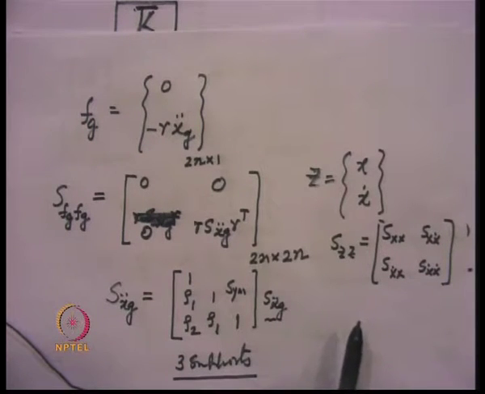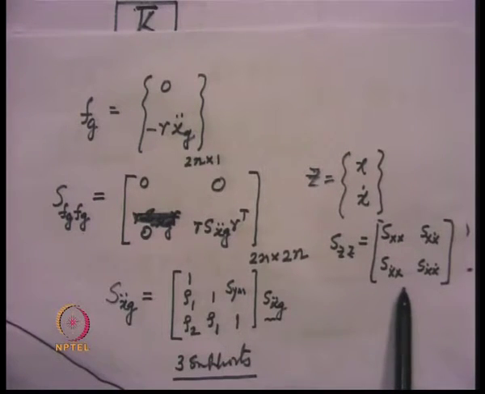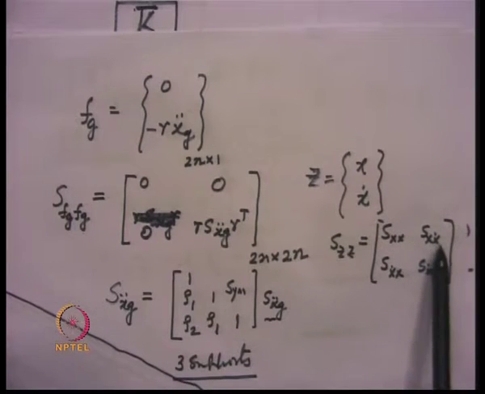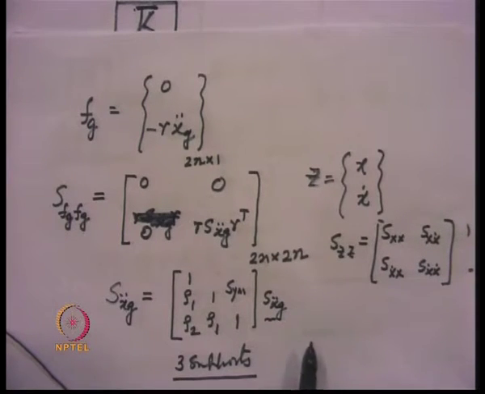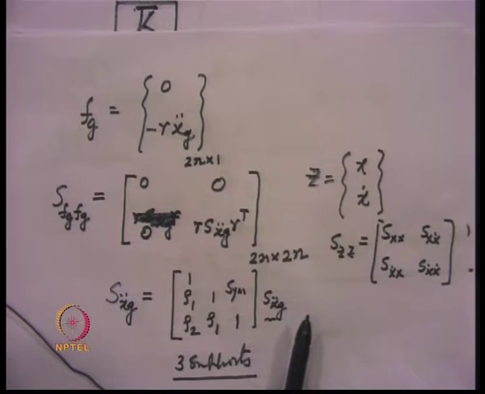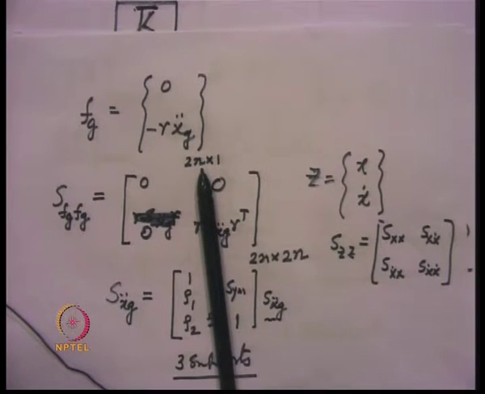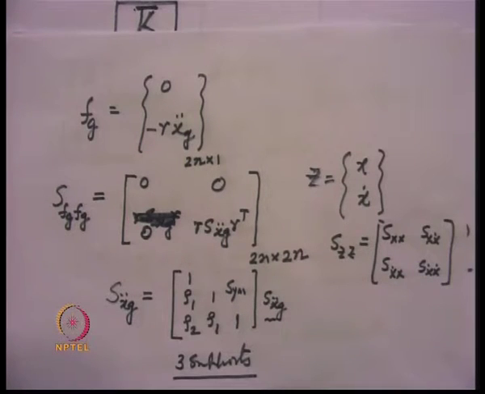It is to be noted that if I add up Sx dot x and Sx x dot, then the addition would be equal to 0, because we know that the cross power spectral density functions between the displacement and velocity sum to 0, which you have proved before. So, in the state space formulation, one can also obtain the response in this particular way.